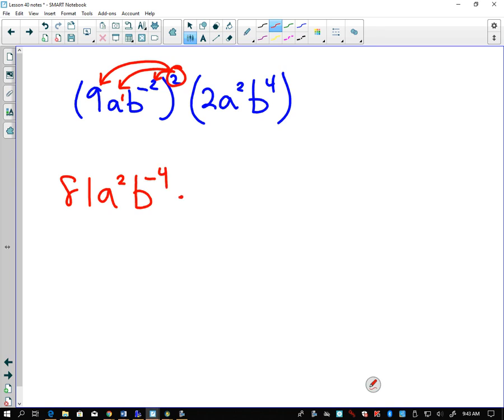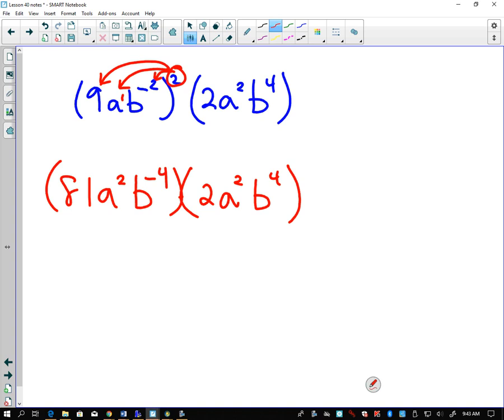Then, because these two parentheses are right next to each other, this is essentially this: 2a squared b to the 4th. Okay? How can I do this?